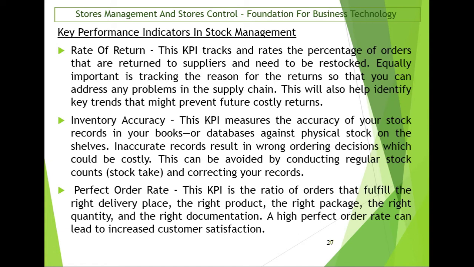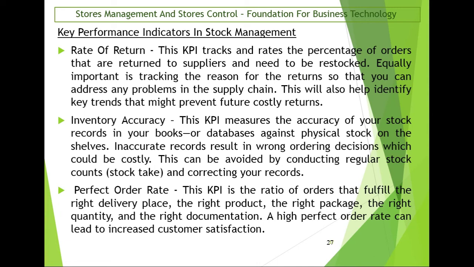So that is what we are referring to as the rate of return. So if you are returning items too often, that is not a good indicator. So you need to reduce the rate of return to almost zero, or to as close as zero as possible, because every return is costly.